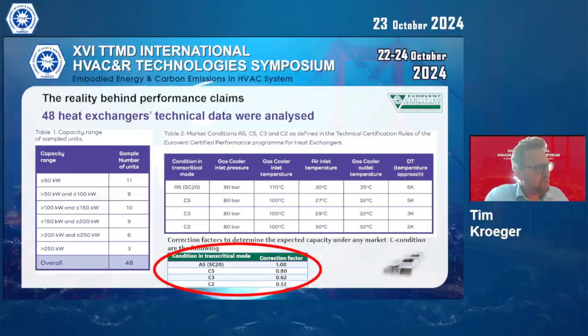At this stage, I would like to say a couple of words about how the certification is governed. Certification follows the so-called technical certification rules. That is a Eurovent certification document. But these rules are in turn decided upon by the program committee.